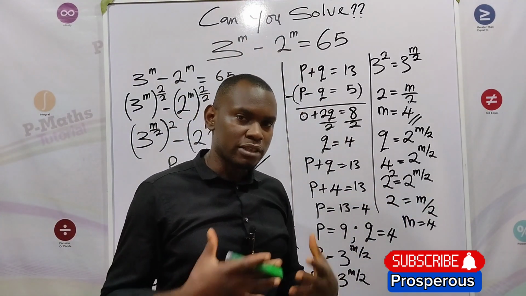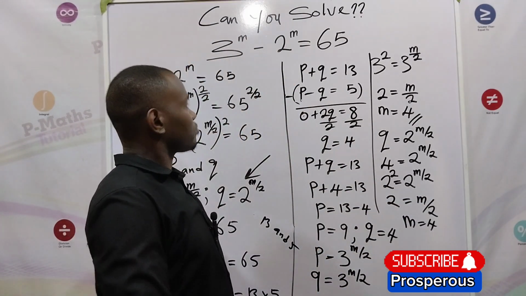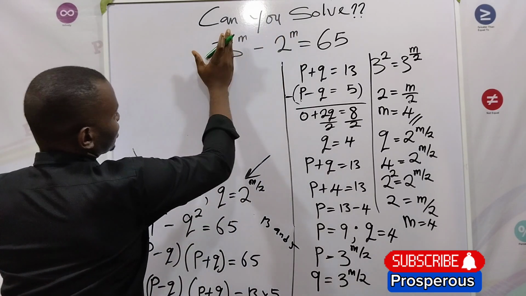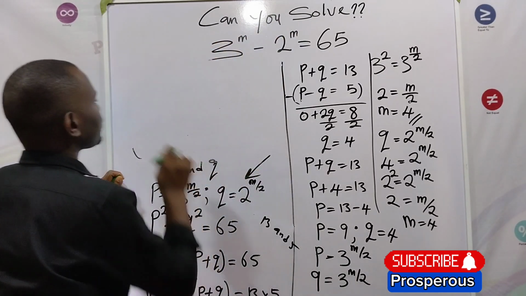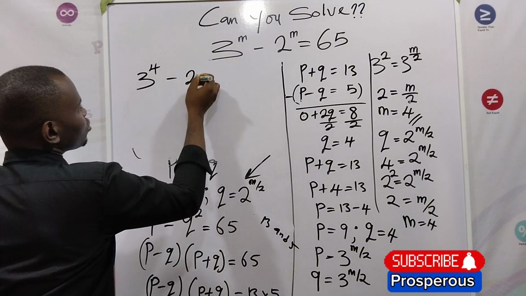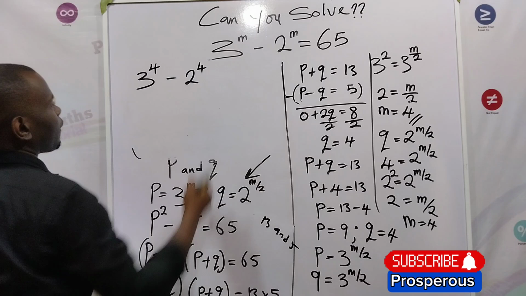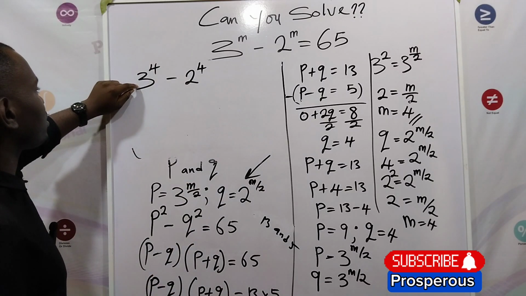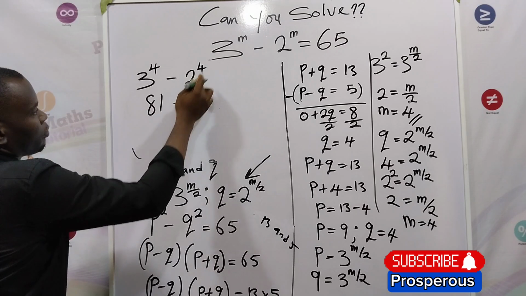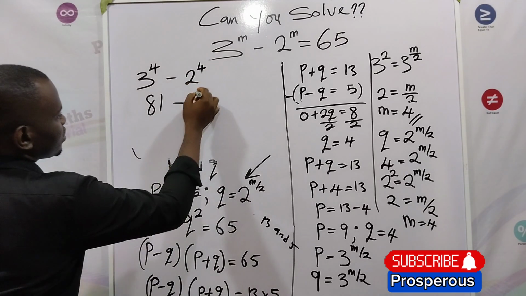Now let us test it and see if it is true. I am going to put 4 in this equation, this left hand side, and see if we are getting 65. So 3 raised to the power of 4 minus 2 raised to the power of 4. Now 3 raised to the power of 4 will give us 81. 2 raised to the power of 4 should give us 16.